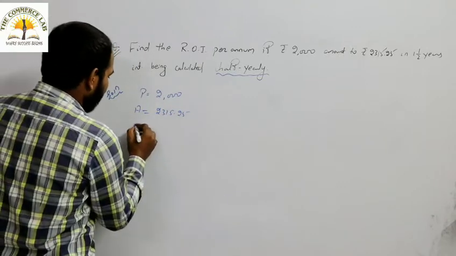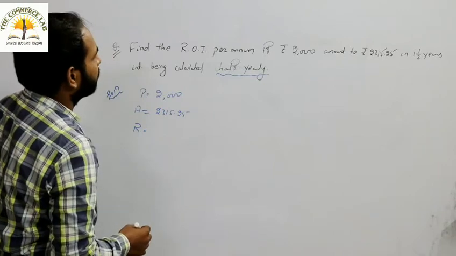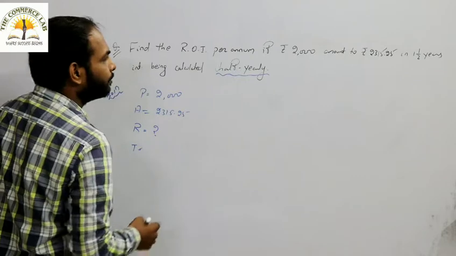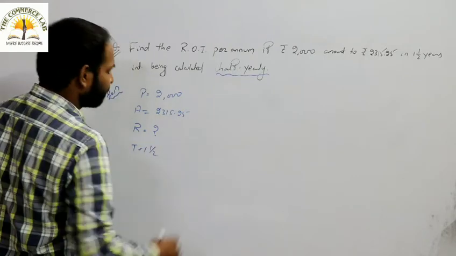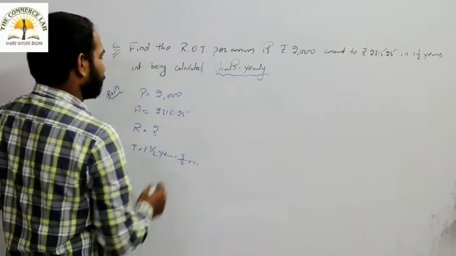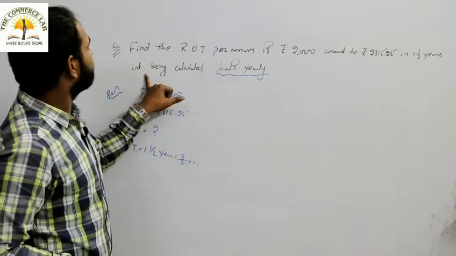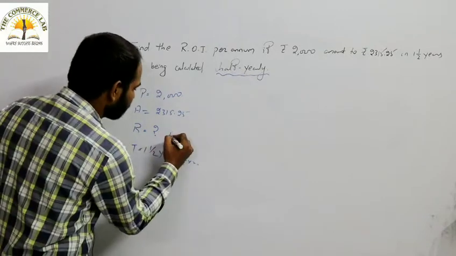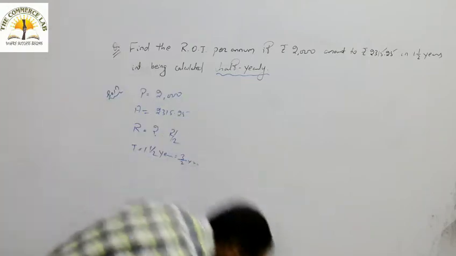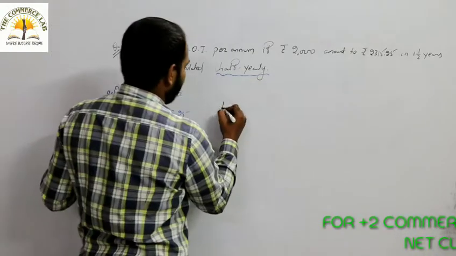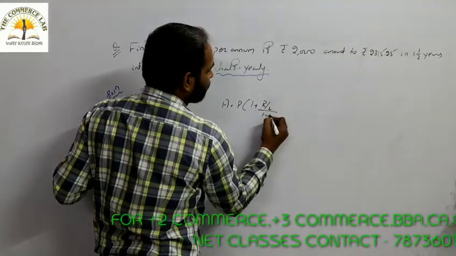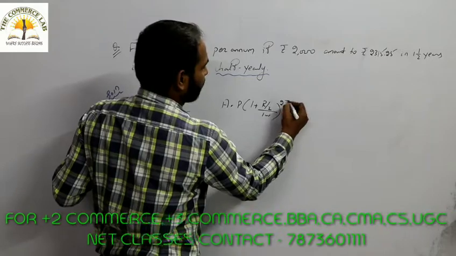Then R equal to, now we have to find out R. Then time period T equal to 1.5 years or 3/2 years. So since it is calculated half yearly, R becomes R by 2. Then A equal to P into 1 plus R by 2, then T becomes 2T.